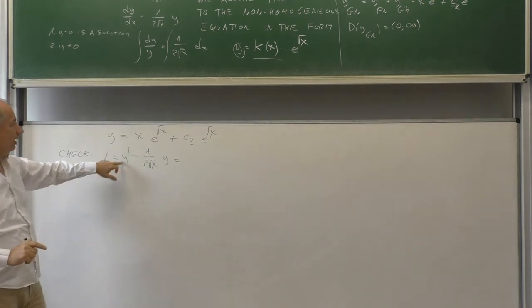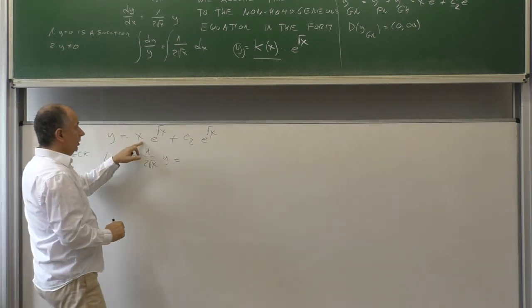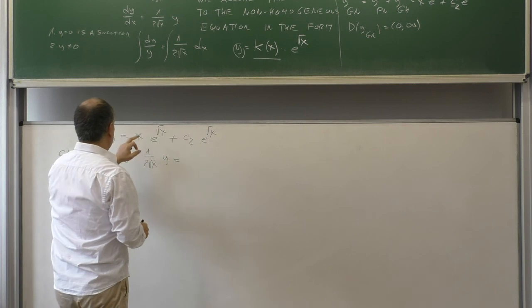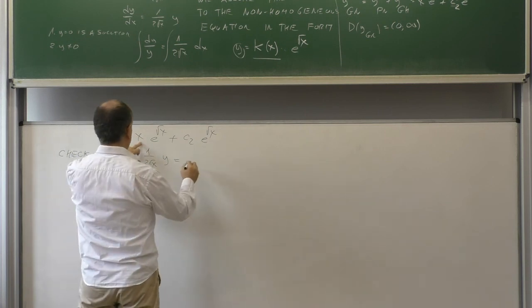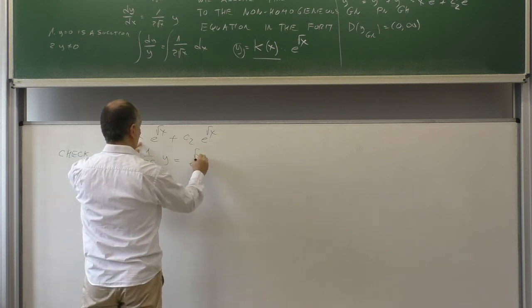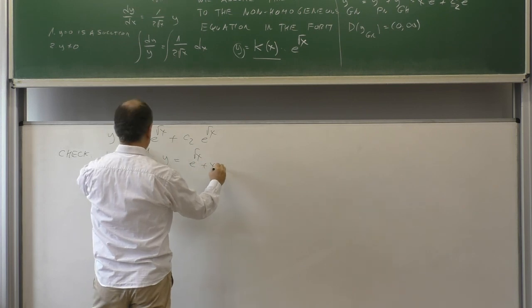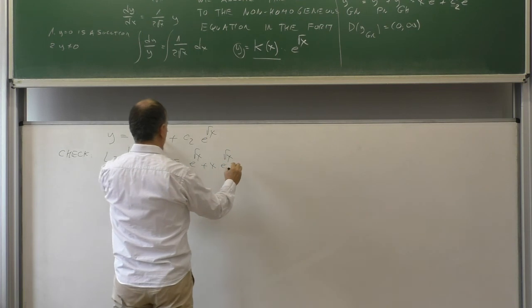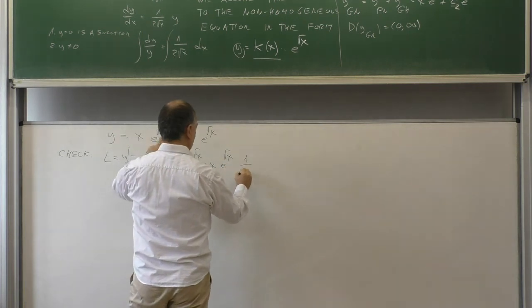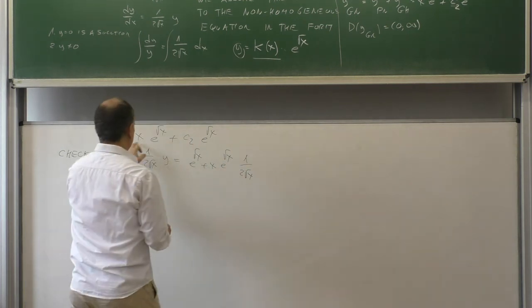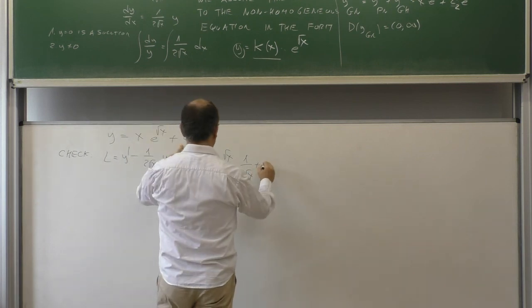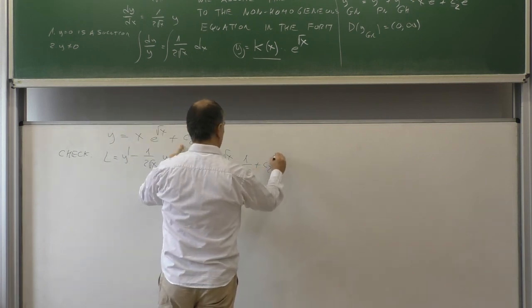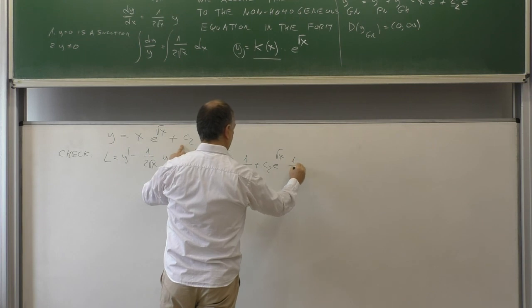So y prime, we differentiate what we believe to be the solution. X derivative is 1 times e to the square root of x plus x e to the square root of x times the derivative of the inner function, which is 1 over 2 square root of x, plus c2 e to the square root of x times 1 over 2 square root of x.